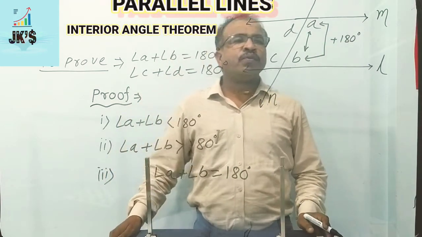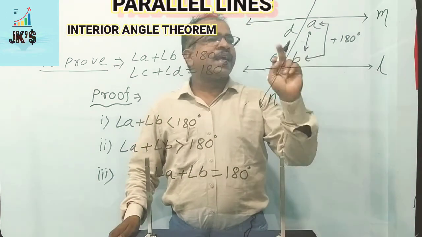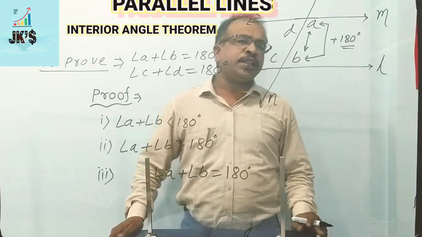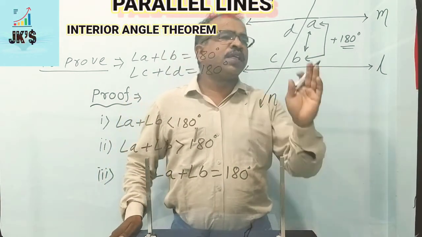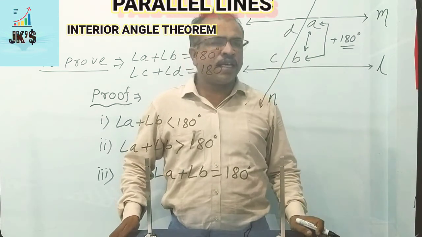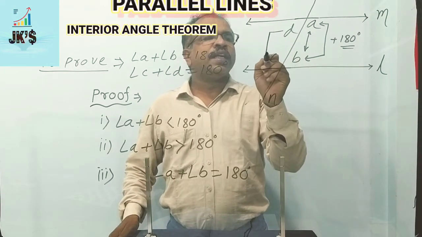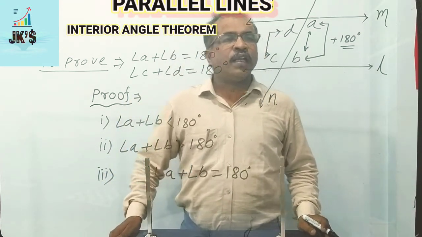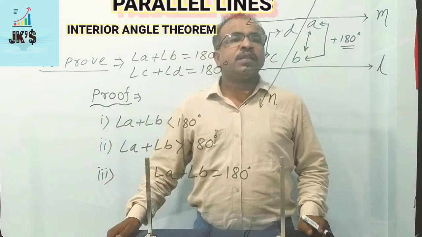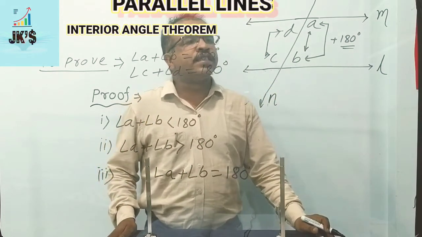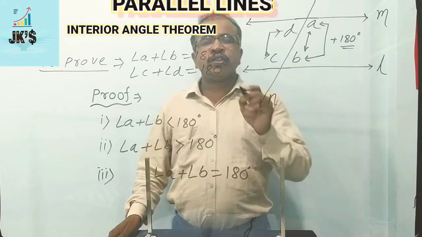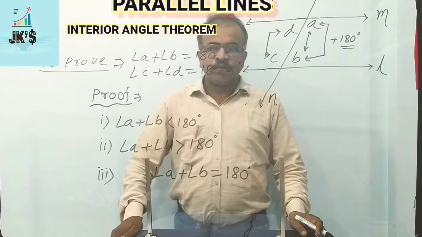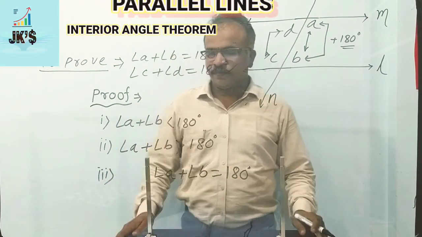To prove: angle A plus angle B equals 180, and similarly on the opposite side, angle D and angle C are the two interior angles. Angle C and angle D are also supplementary, so the second point is angle C plus angle D equals 180. This is our to prove.